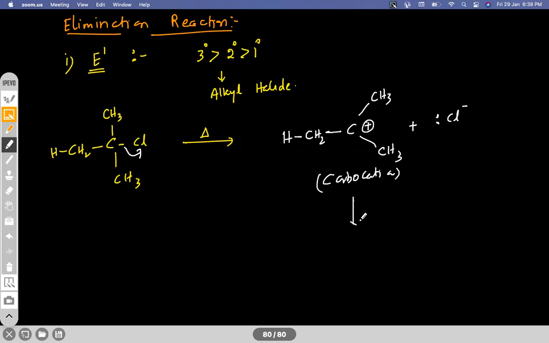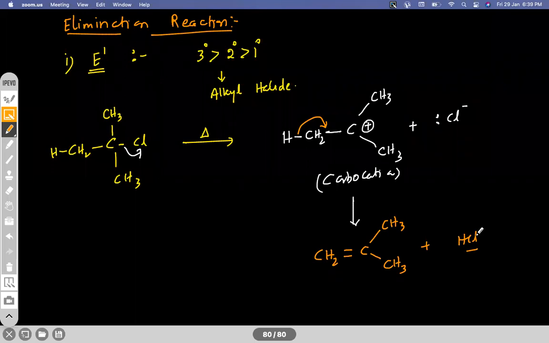Then from the beta carbon, hydrogen comes out as H plus, leaving the electron pair behind. So we get a double bond here, and this is the alkene we get. H plus combines with Cl and forms HCl. Right, this is the E1 mechanism.